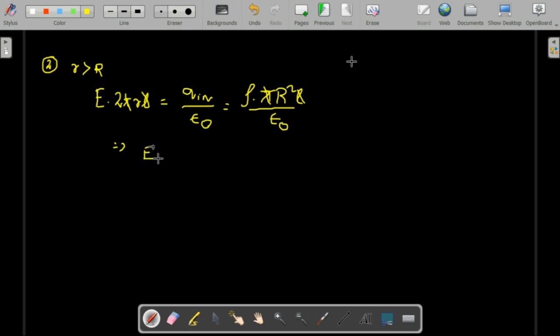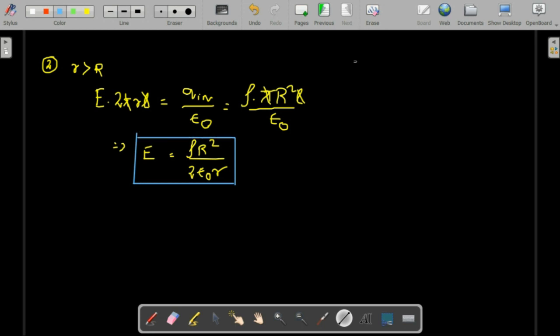E is equal to rho capital R square divided by 2 times epsilon naught R. This time this is our formula. These things are important. Any kind of tricky questions for your exam might be from this. If you know the formula and understand the logic, you'll be comfortable with this.